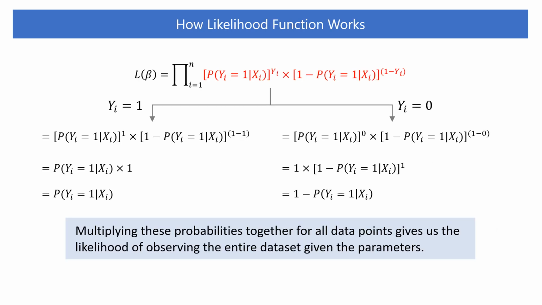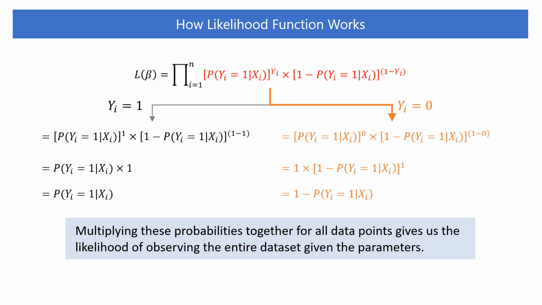So, let's see how the likelihood function works. For each data point, if the actual class yi is 1, the first term of the likelihood function becomes the probability of yi equals 1 given xi, and the second term becomes 1 because 1 minus yi equals 0. So it becomes the probability of yi being 1 given xi.